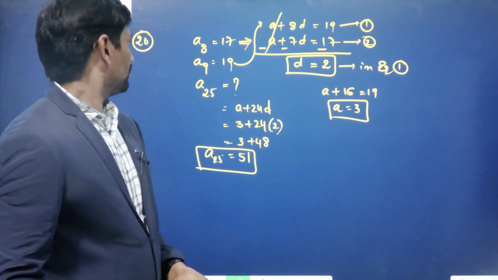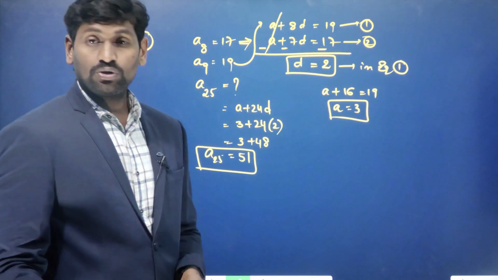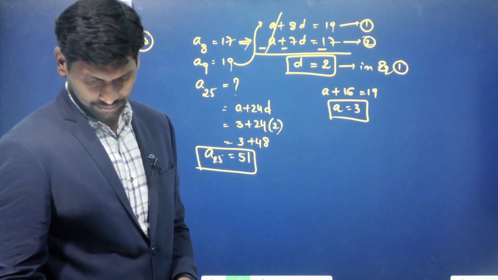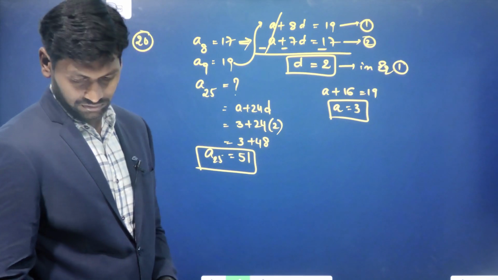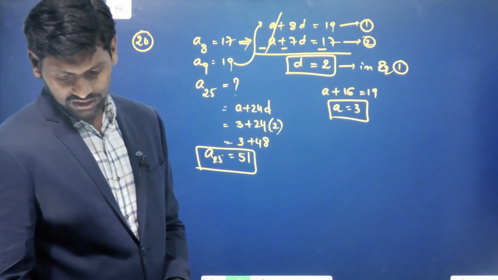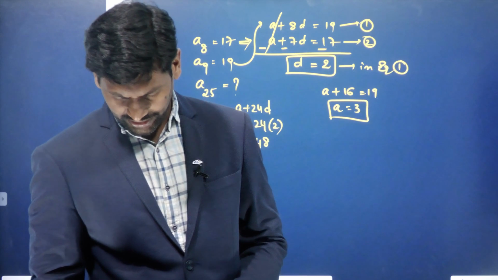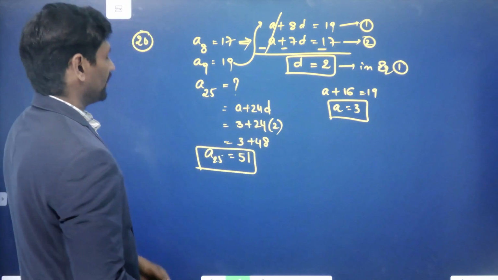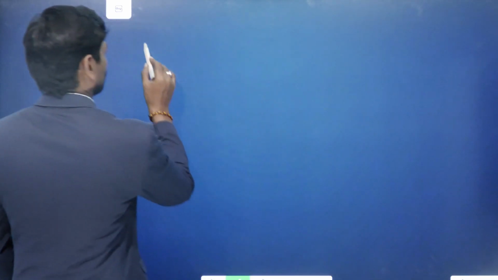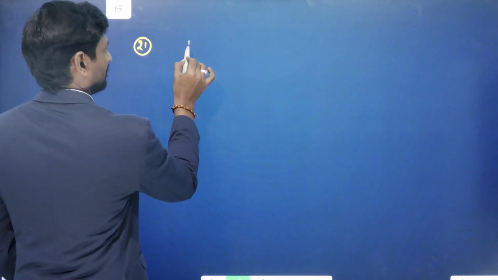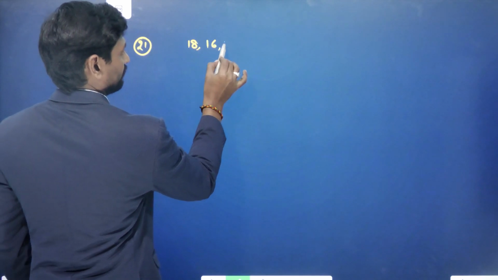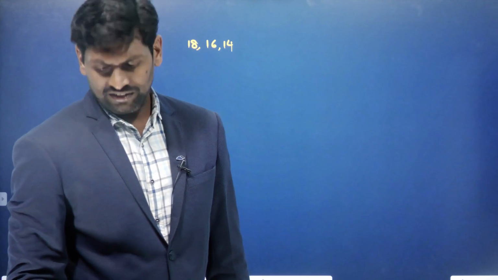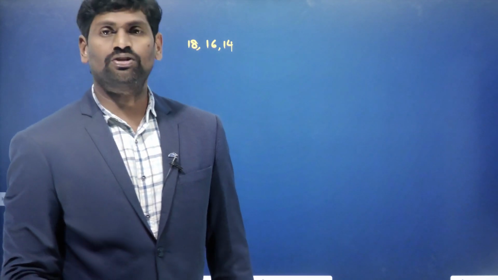Okay, let us go for the next problem. How many terms of the sequence 18, 16, 14 should be taken so that their sum is 0?